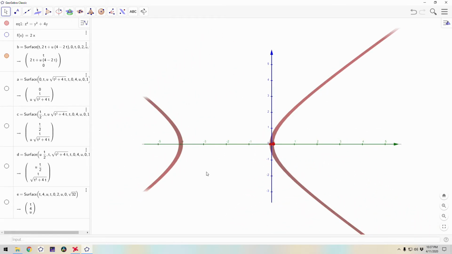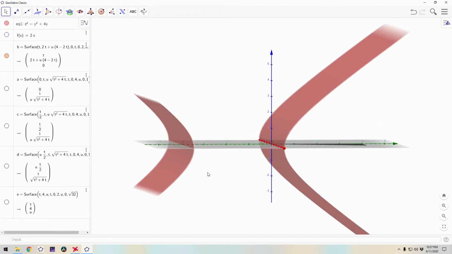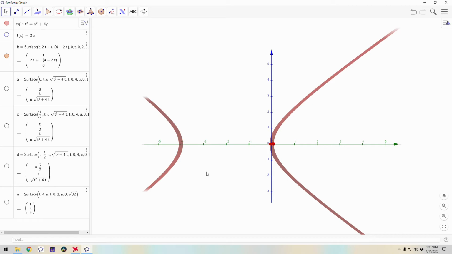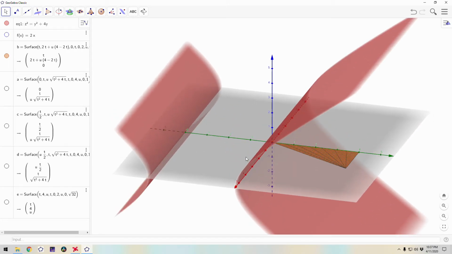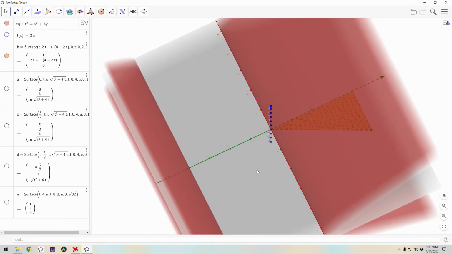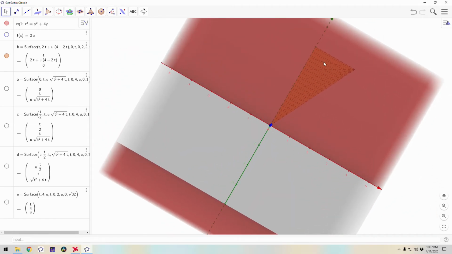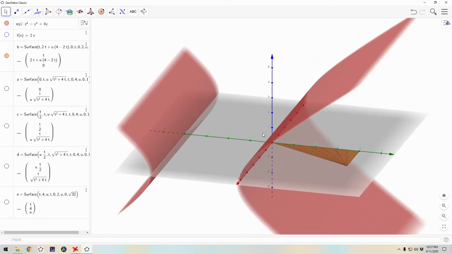Notice in the ZY plane, it's exactly what we have, this hyperbola. You can see where the hyperbola shape is here, right? And we're only going to be using this side and the top half. So it's just like what we were looking at before. So we're going to be integrating this section underneath the hyperbolic cylinder there.